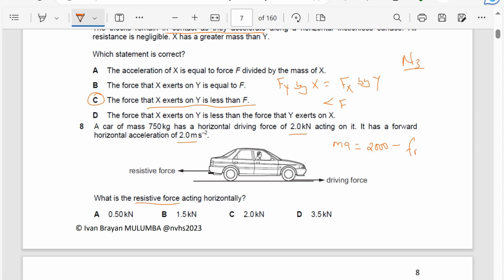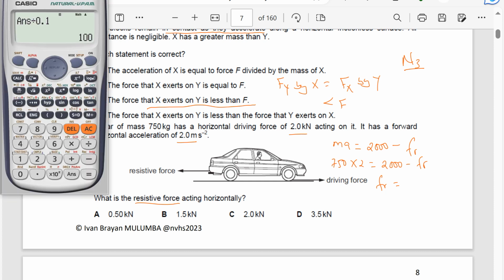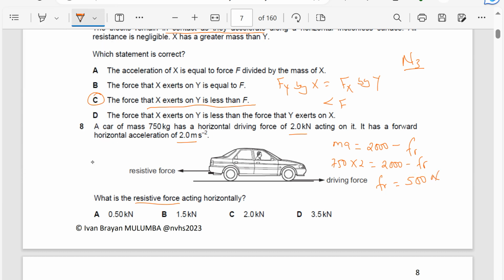Resultant force MA, the mass is 750, the acceleration is 2, should be equal to 2000 minus FR. So FR is going to be 2000 minus 750 times 2. So FR is going to be 500 newtons. That is the frictional force, 500 newtons.